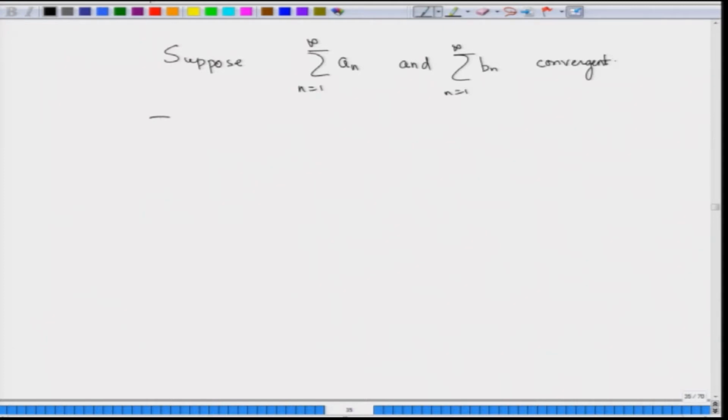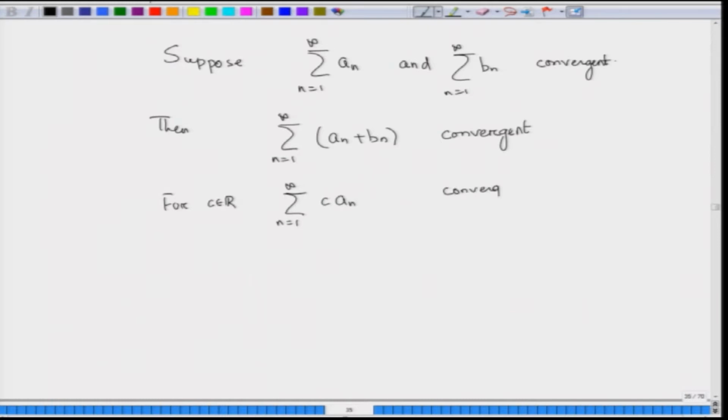Then summation n equal to 1 to infinity a n plus b n is convergent. Then for C belonging to R, summation over n equal to 1 to infinity C times a n is convergent.